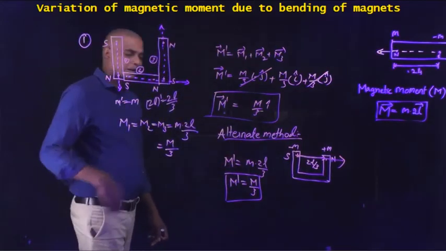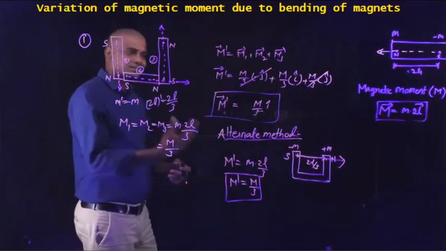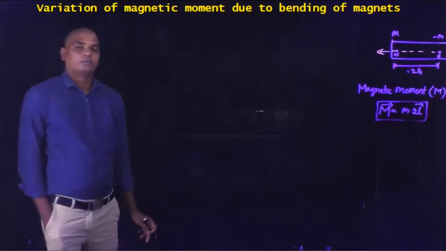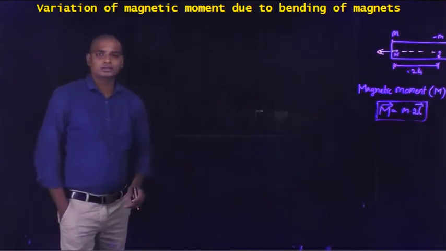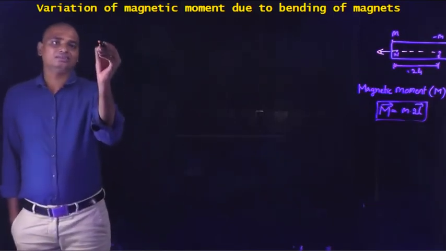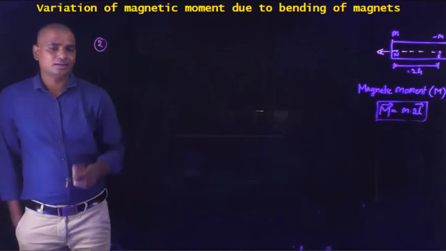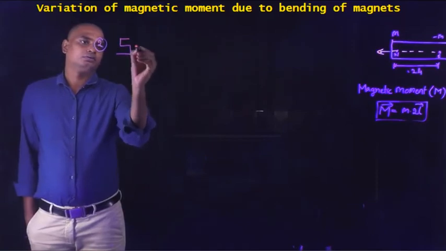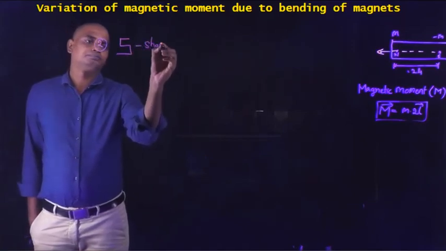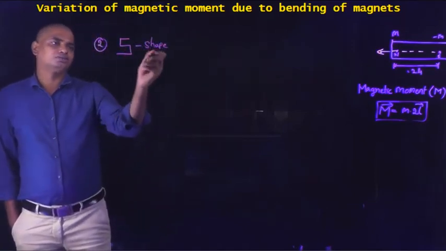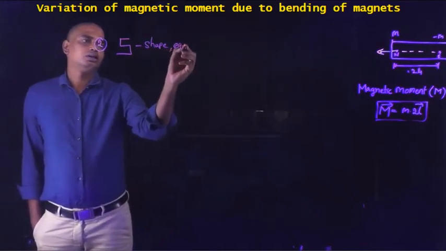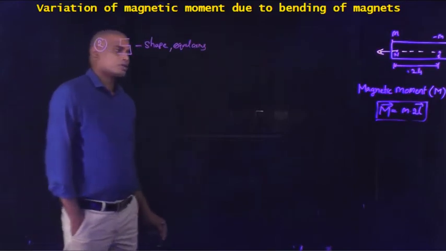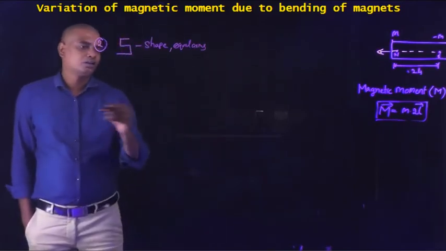Okay, now let us move on to our next step, that is when it is bent in another form. Okay students, let us move on to the next case. In the second case, let this bar magnet be bent in the form of an S shape with equal arms. So the bar magnet is bent into an S shape, let it be in this manner.